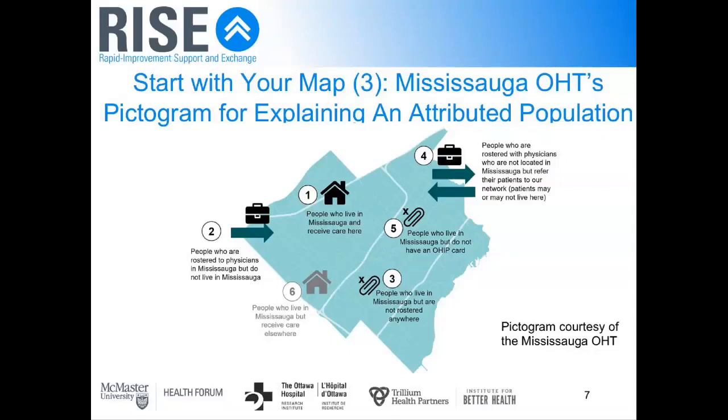These are people who are rostered with physicians, but those physicians and those patient enrollment models aren't actually in Mississauga. They're also in the neighboring communities. And so the linkage with these physicians is not as clear as with the physician groups that are actually in Mississauga.